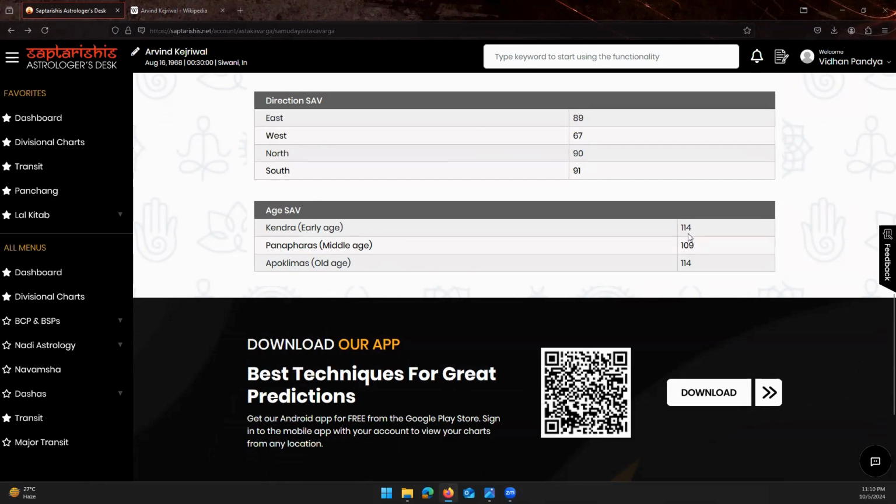If you see here, there is not much of a difference between these three stages of his life. But in charts where the differences between the numbers are very high, you will say which part of the life was good for him. The higher the number of points in a particular life stage, the better that age must have been for him.